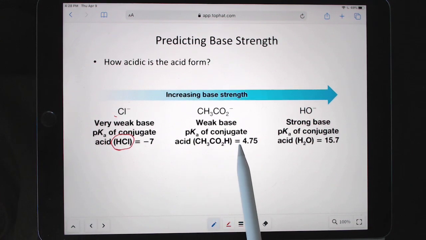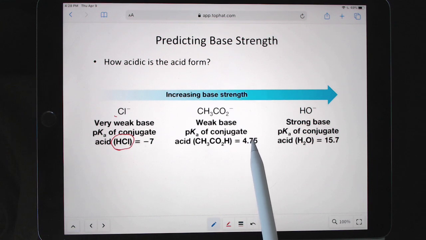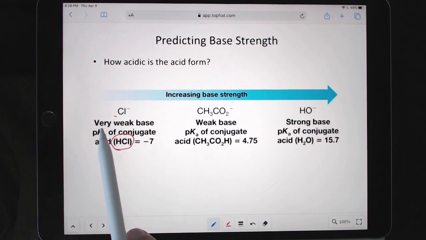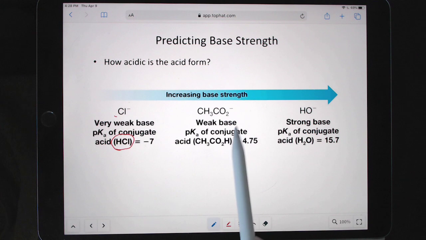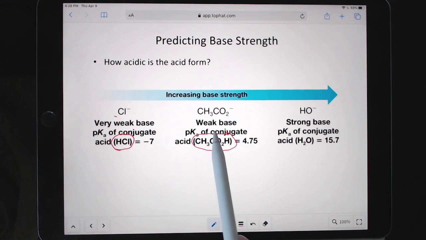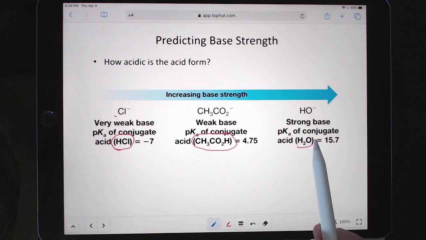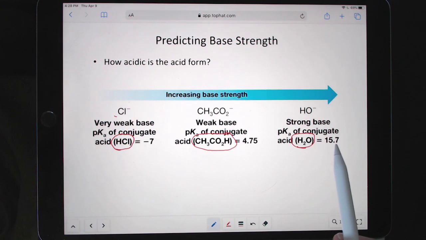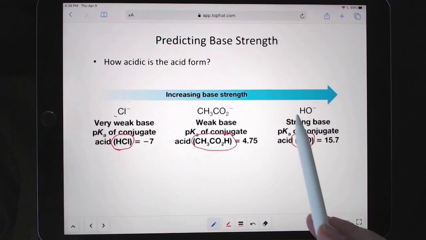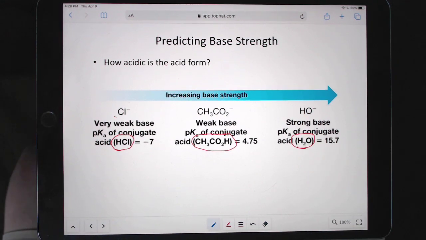This is vinegar. It's got a fairly low pKa, so this must be a fairly weak base. It's not as bad as the chloride, but it's still a fairly crummy base. But if you have hydroxide, if you look at water, its pKa is pretty high, and so that must mean this is really strong. So you can use the pKa table to predict what its base form would be like, how strong it would be.